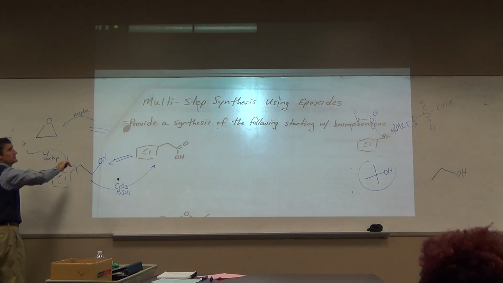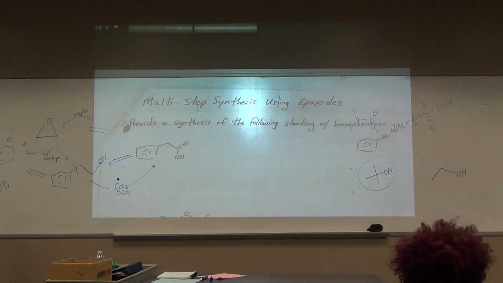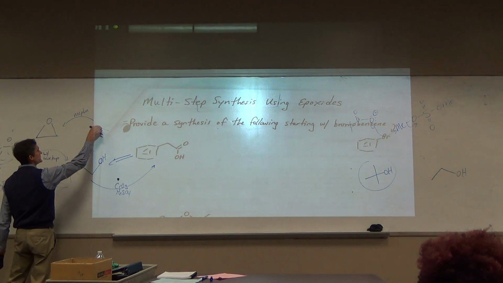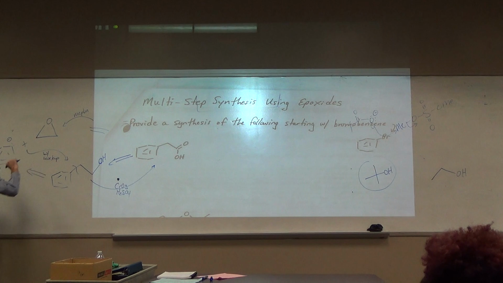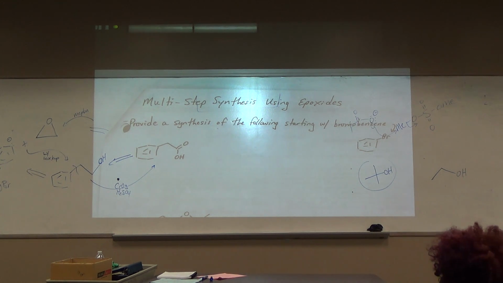By the way, we don't really need to do this for the synthesis because all we need to do is start with bromobenzene. If you start with bromobenzene, you can use anything else you want. The only reason I'm showing you this is because we put an oxygen on ethylene. This is actually called ethylene oxide. Don't need to know that, but it just makes sense, right?